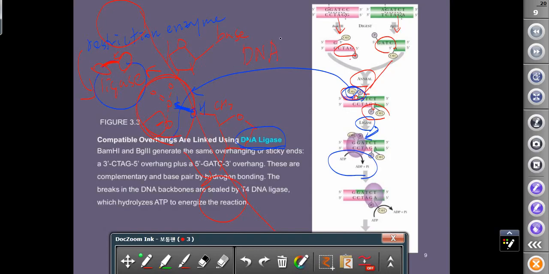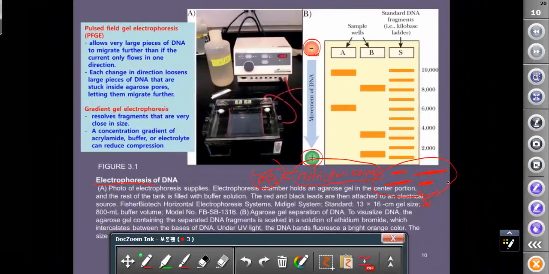It is charged with minus. DNA has a minus charge. You have to remember that. All these DNA fragments are all charged with minus. So if you put this DNA sample here with lots of DNA fragments, then what would they do if we apply the electric field here?